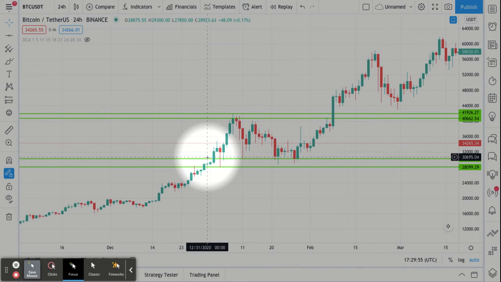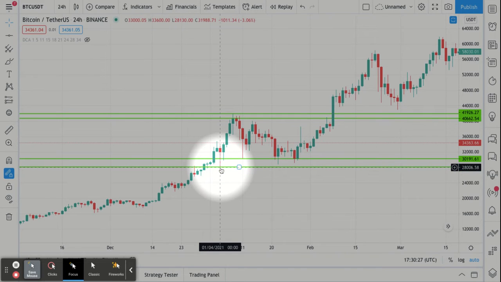It wicked all the way down to about 28.2, and then it pushed back up to about 31.9. Why that is important is because this was a giant area where the buyers and sellers were fighting. It wicked all the way down, but then the buyers pushed it all the way back up. It eventually closed way up here, but it tested this area.